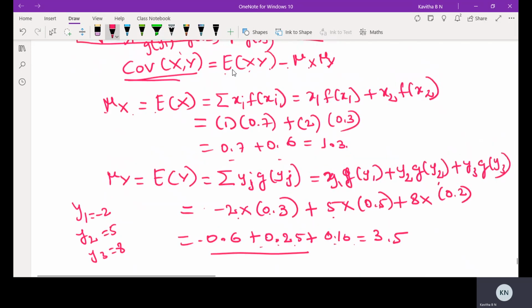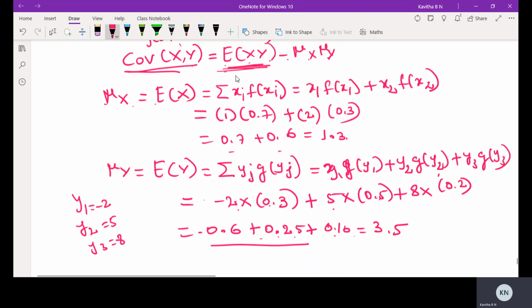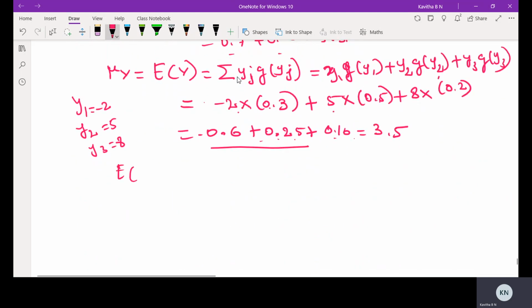Okay, then observe the formula for covariance of x comma y. We need to find the e of xy. Expectation of xy is equal to summation of xi into yj into jij.